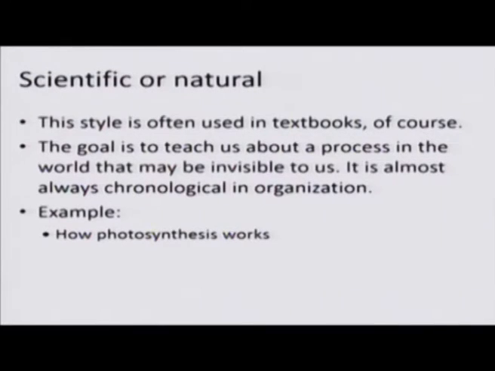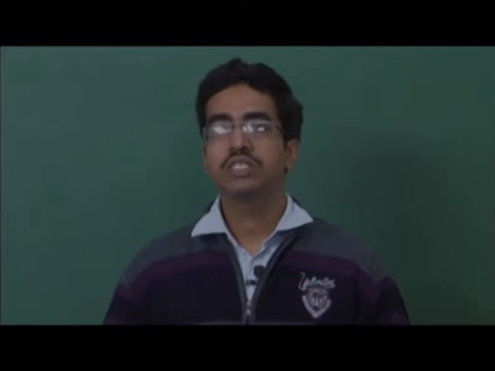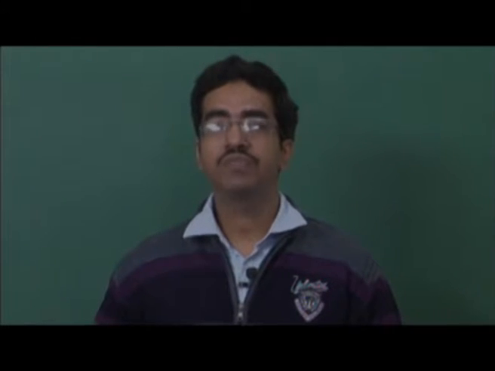It is almost always chronological in organization. One example is how photosynthesis works. This talks about a specific scientific phenomenon, and the idea here is to make readers understand that particular process.